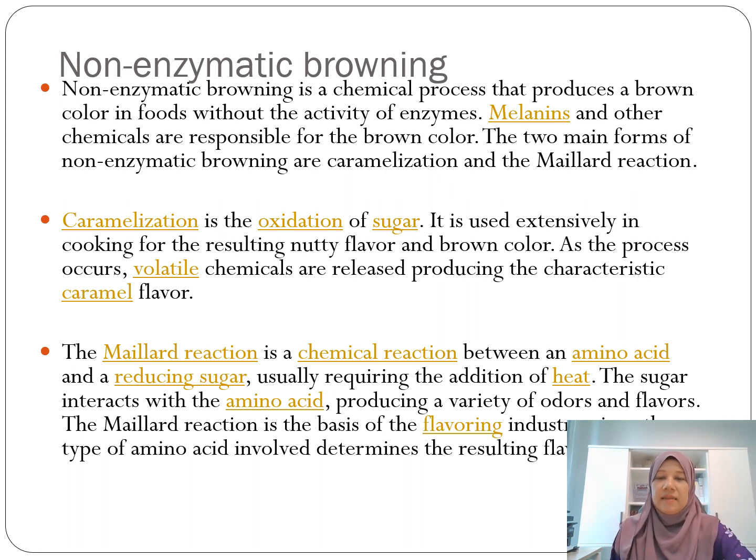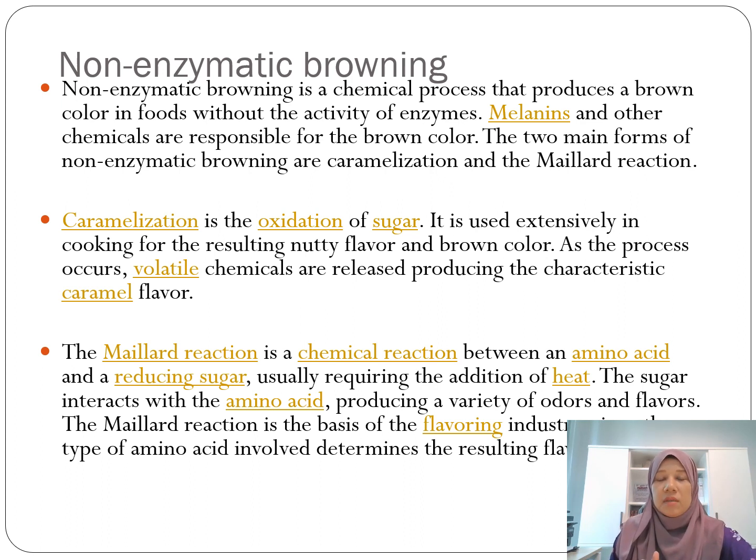And how does it occur? The sugar will interact with amino acid. Amino acid is actually a protein. And then it will produce odor and flavor. So I give you an example for caramelization. When you want to prepare cream caramel, you caramelize the sugar.